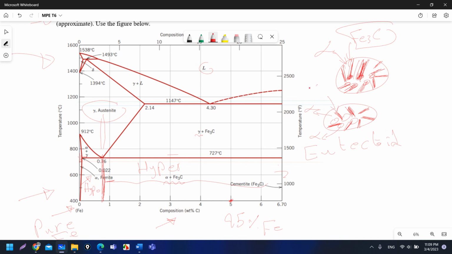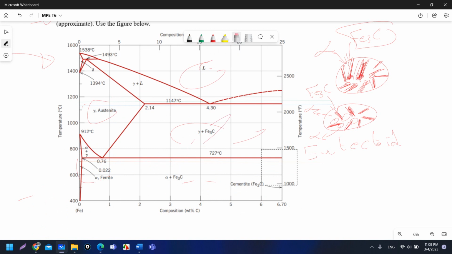The red one is Fe3C, the cementite. So that is similar to the eutectic point; the difference between them is that one is from liquid to two solids, and the other one is from one solid to two solids, alpha and cementite.